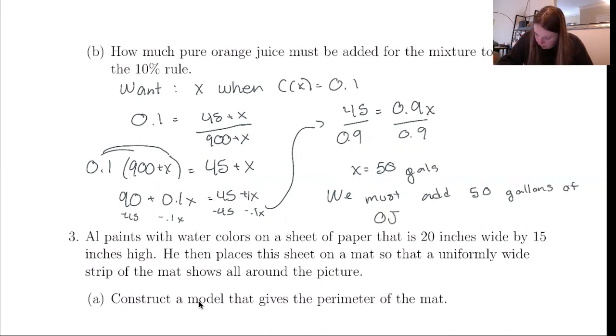And sometimes I like to pose the question of like, what amount would you expect if we're at 5% and we had 45 gallons? How much would I need to get to 10%? And people are like, oh, another 45, I'm doubling the amount. No. Because when I do that, you're not thinking about the change in the volume on the denominator.